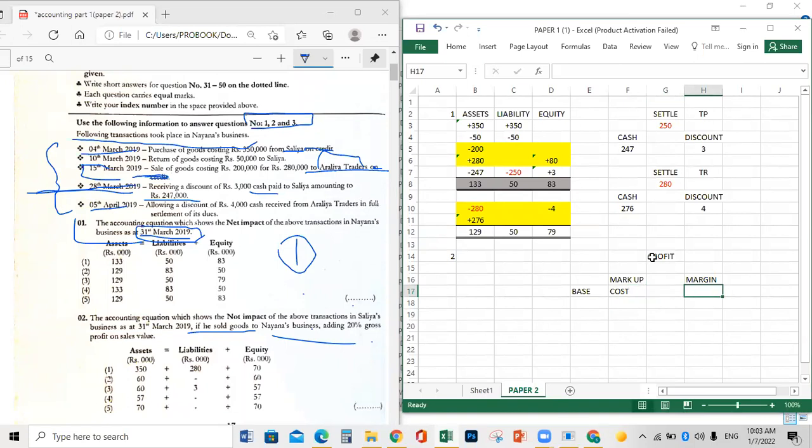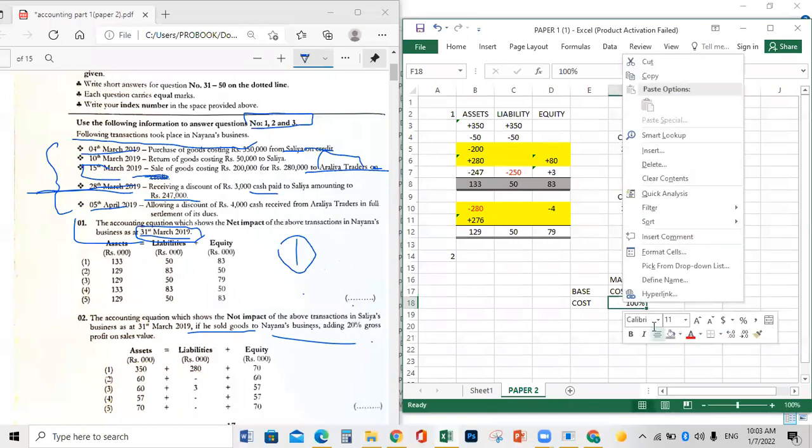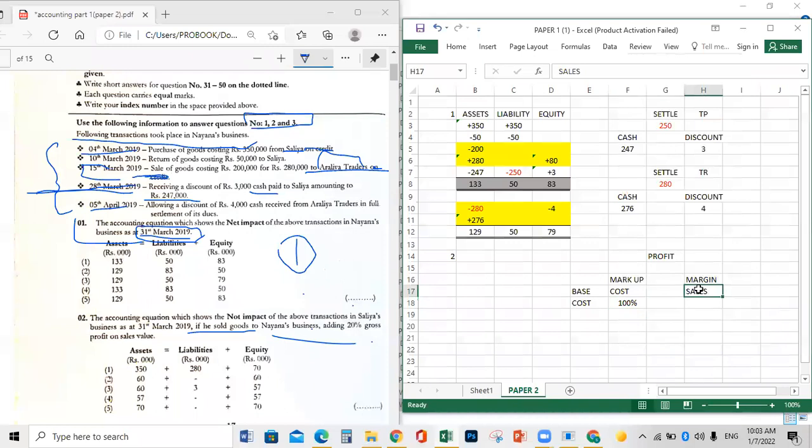Sales, or the selling price. Guys, if you take something as the base, what is the percentage of it? 100%. Remember, if you take something as your base, that will be 100%.